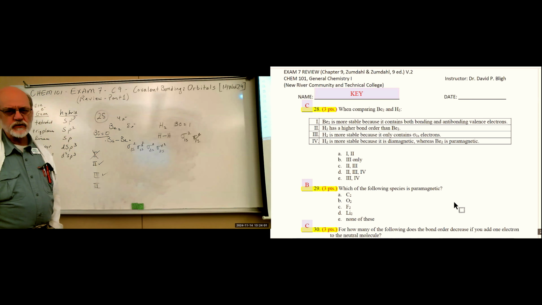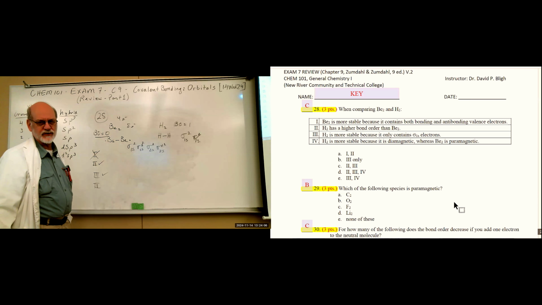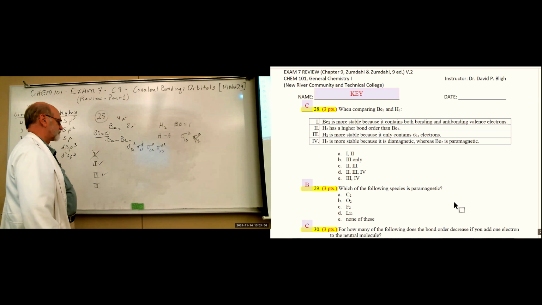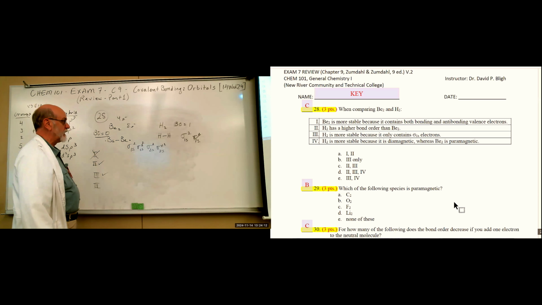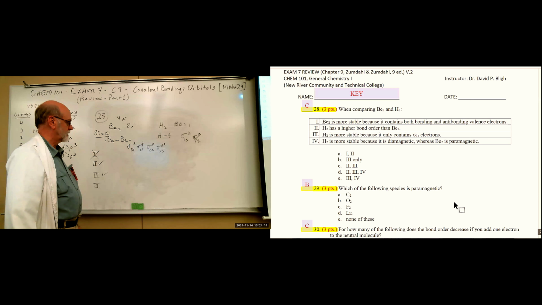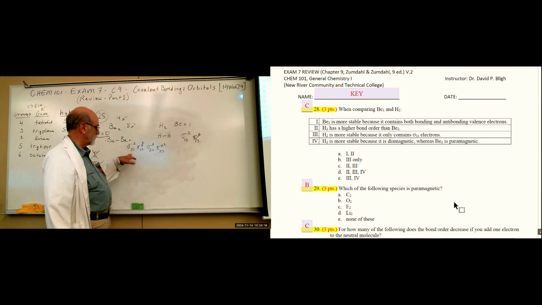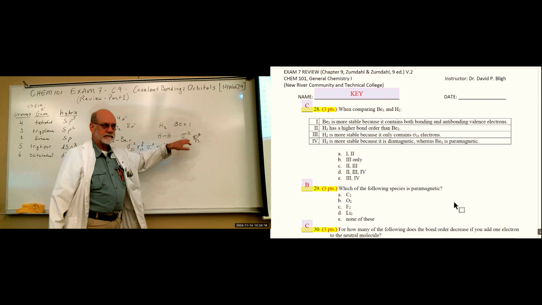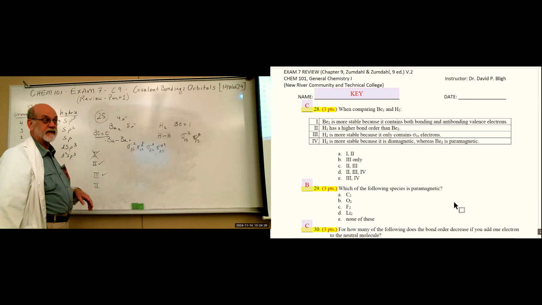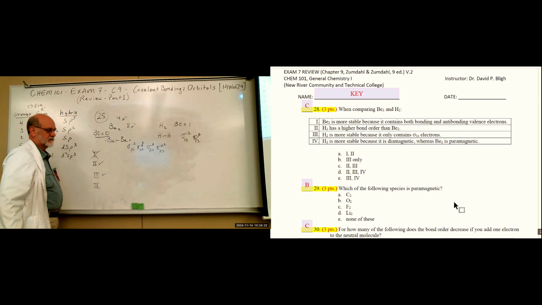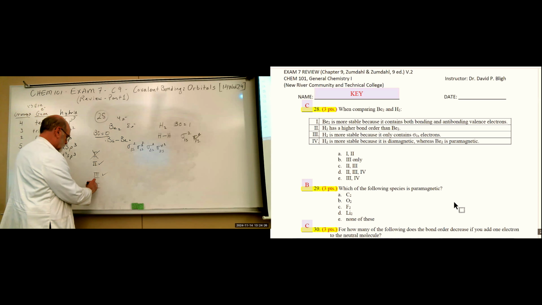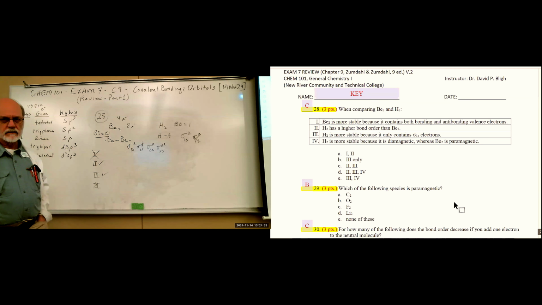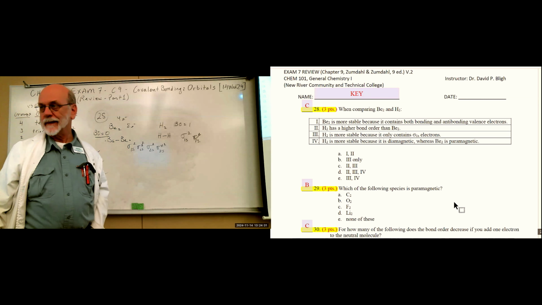Then 4, H2 is more stable because it is diamagnetic, whereas Be2 is paramagnetic. Neither one is right. They would both be diamagnetic, right? Because this is a full orbital. They'd both be diamagnetic if this one existed, which is unlikely. So it's only 2 and 3, which is C.